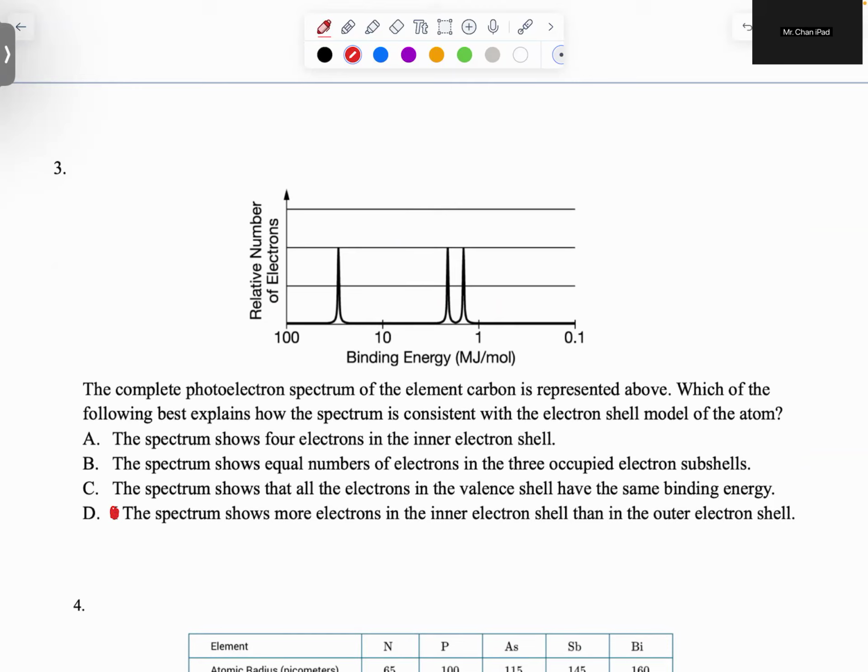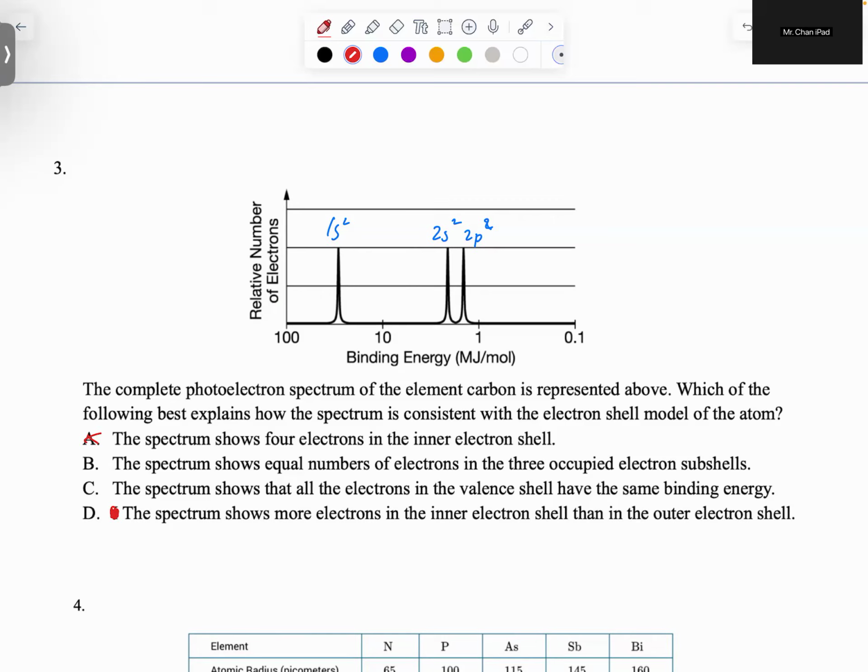Same thing right here. We have carbon. If you want to write down the electron configuration, you could: 1s2, 2s2, 2p2. And which of the following explains the spectrum? It's consistent with the electron shell model of the atom. A, it's not correct. There won't be 4 electrons in the inner electron shell.